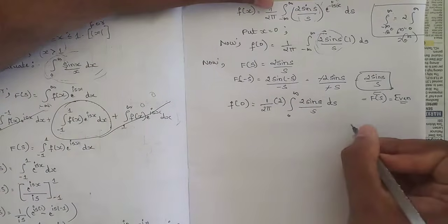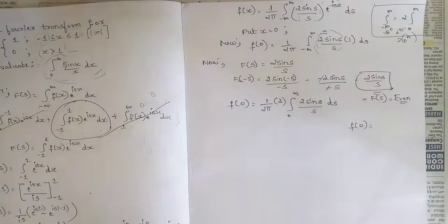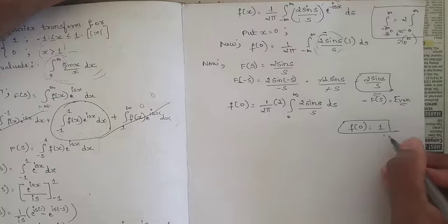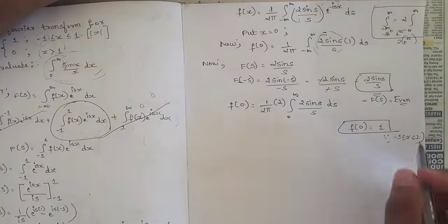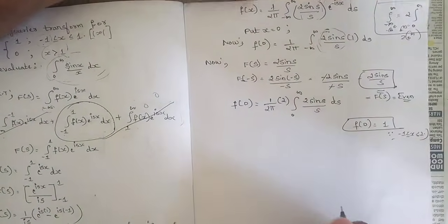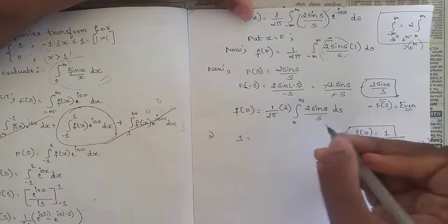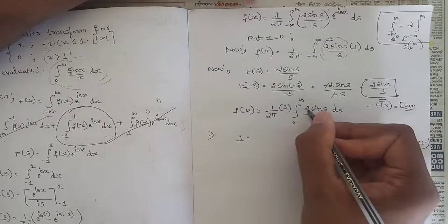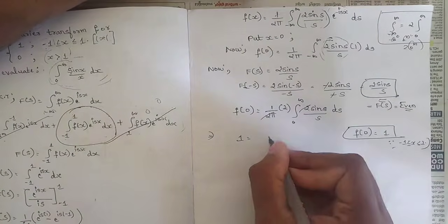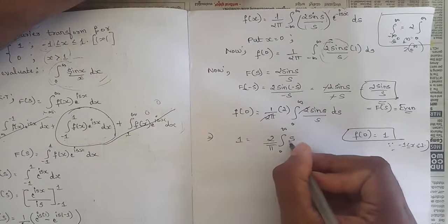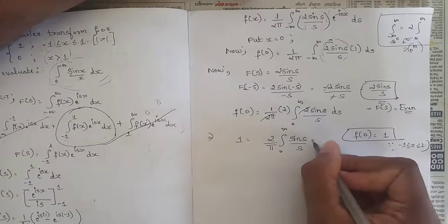Here we have the value of f of 0 as 1. Why? Because the interval is from minus 1 to 1, where the value of x lies between minus 1 and 1. So f of 0 is equal to 1 in this case. Let's substitute f of 0 as 1. Here we can cancel this 2 from here and from here. So the remaining terms are 2 by pi into integral from 0 to infinity sine s by s into ds.